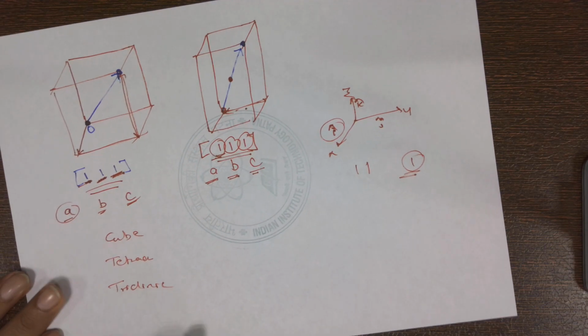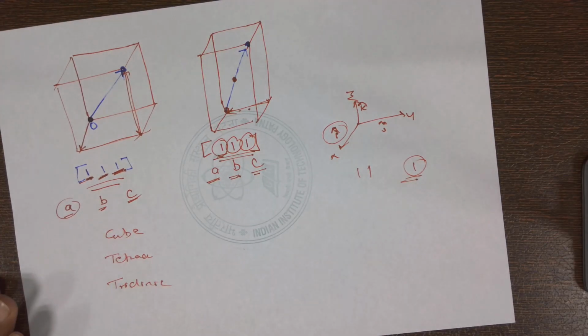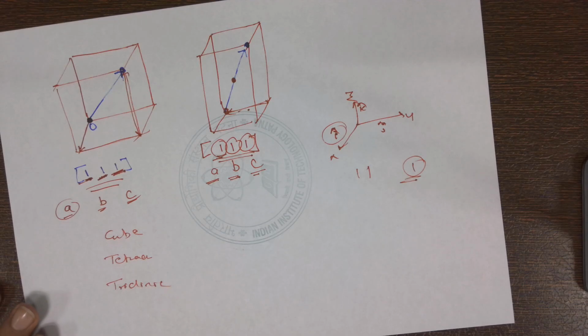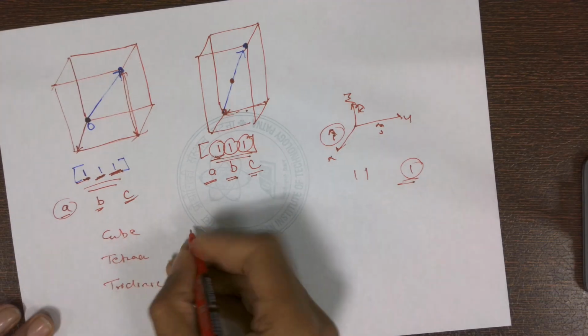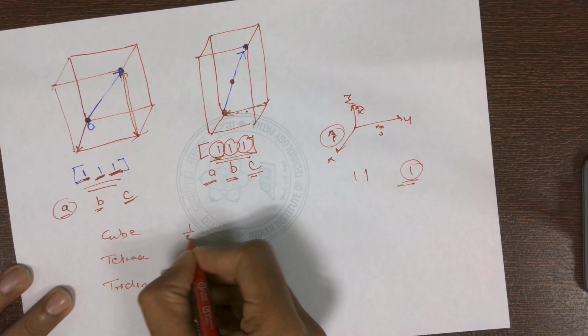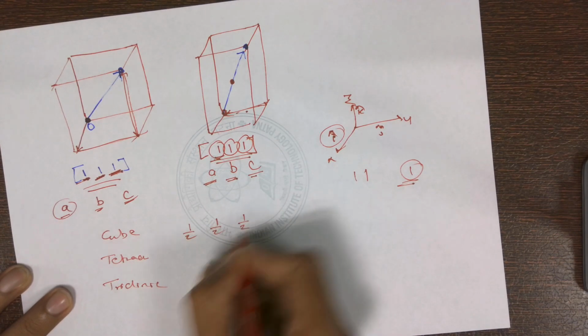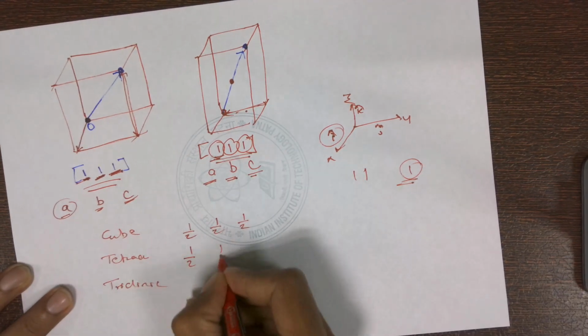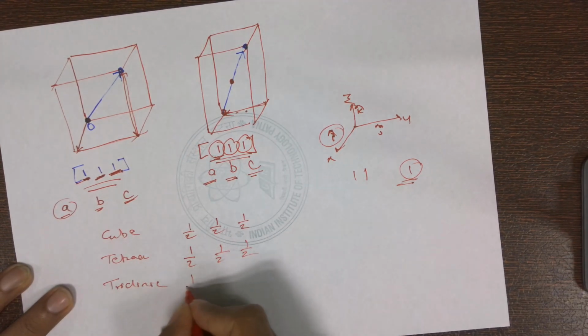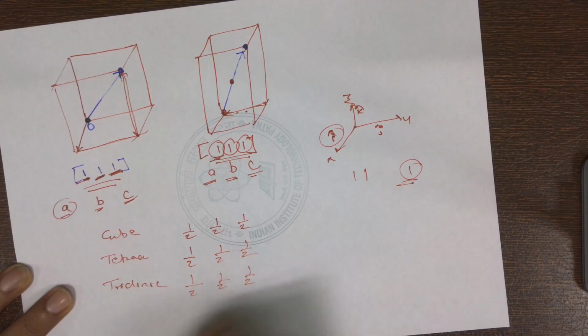I'm saying triclinic because all of them will come into the picture. If I place an atom at the body centered, how will you represent that? You will represent by 1/2, 1/2, 1/2, at the center of the body. Tetragonal also 1/2, 1/2, 1/2. Triclinic also 1/2, 1/2, 1/2.